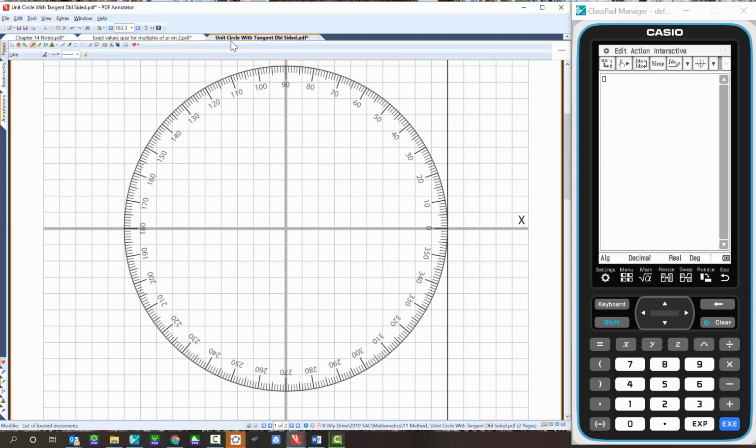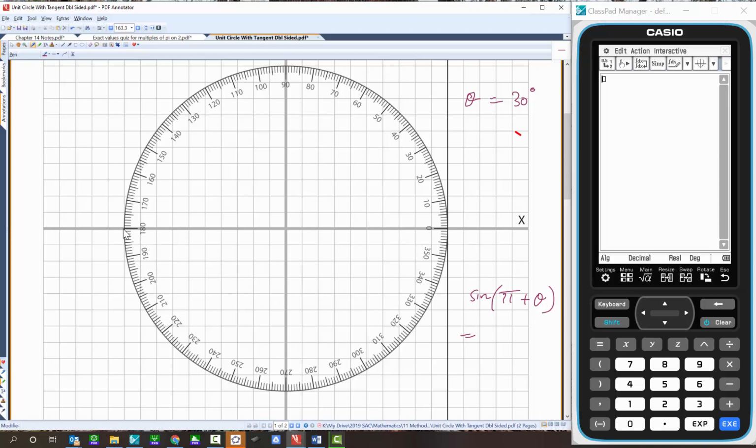So I'm just going to go back over to the unit circle. Let's just say that theta, for argument's sake, is equal to 30 degrees. Now we want to get the value of sine of pi plus theta.